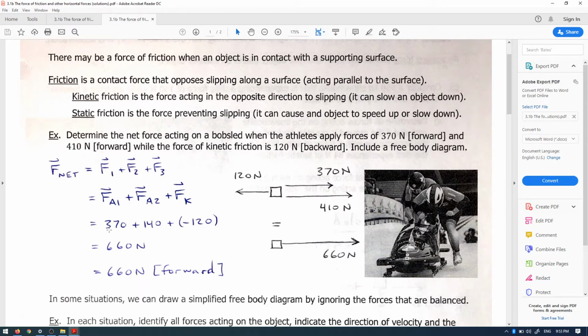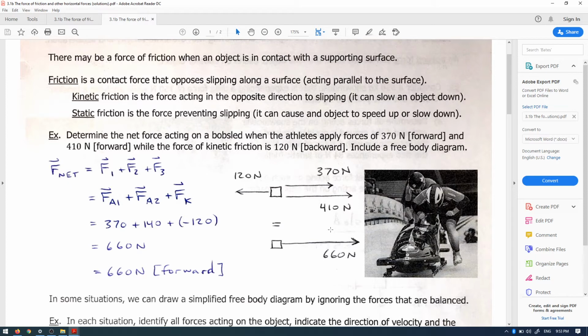If I assign forward to be positive, then it's a positive 370, positive 410, and a negative 120 because that's in the opposite direction, it's backward. Once you do the algebra here, you get a net force on the object of 660 newtons. Because force is a vector, I would say the net force is actually 660 newtons forward because I ended up with a positive number.